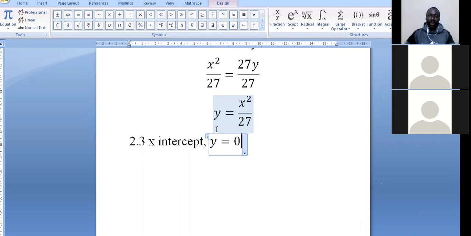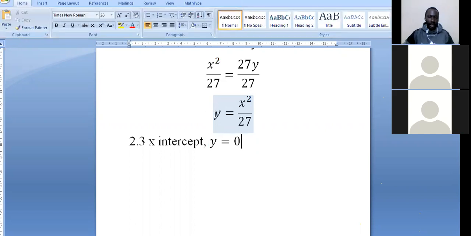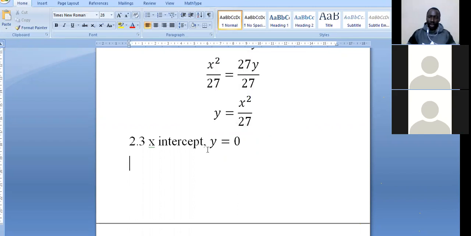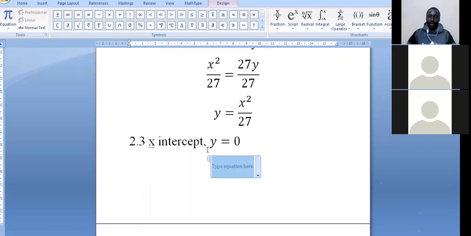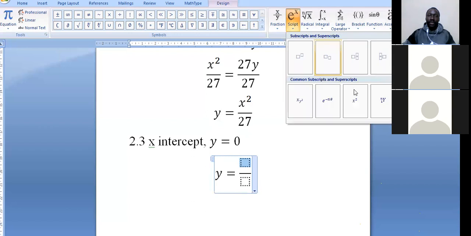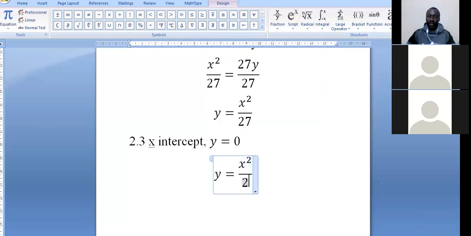So one thing we notice from here is that I wish this thing could allow me to copy, and it's not allowing. All right, so let me just write the whole thing. So we have y equals the square root of x squared divided by 27.